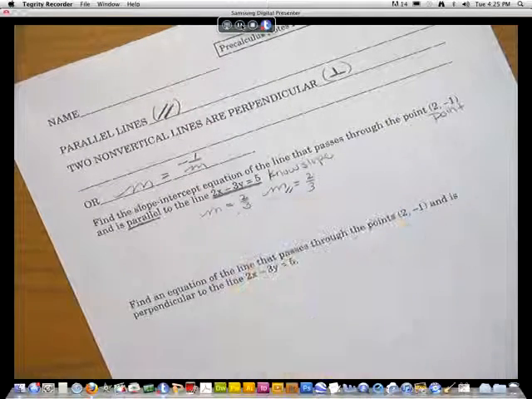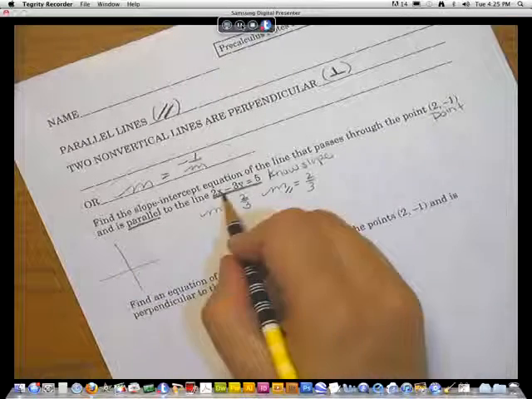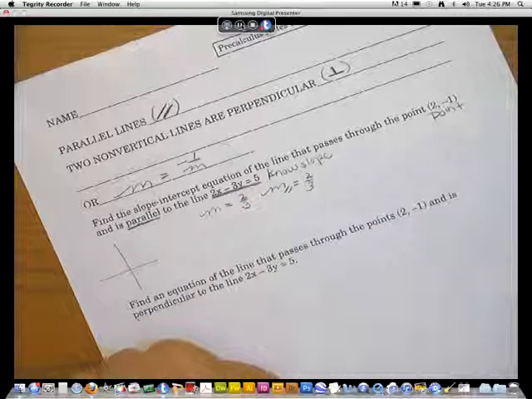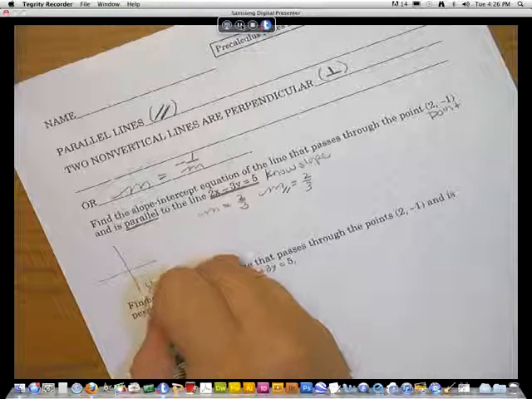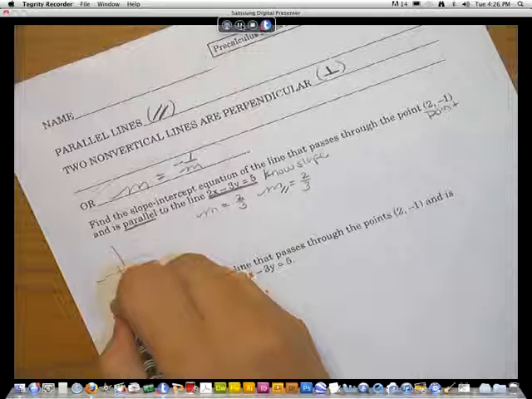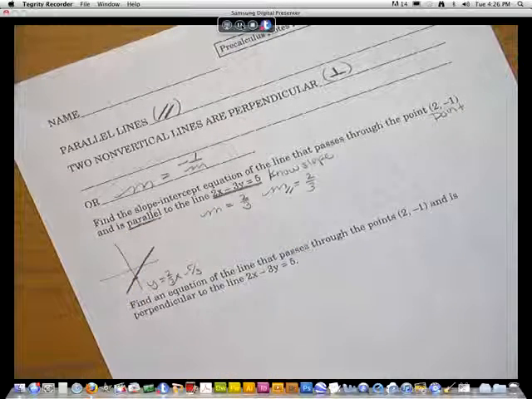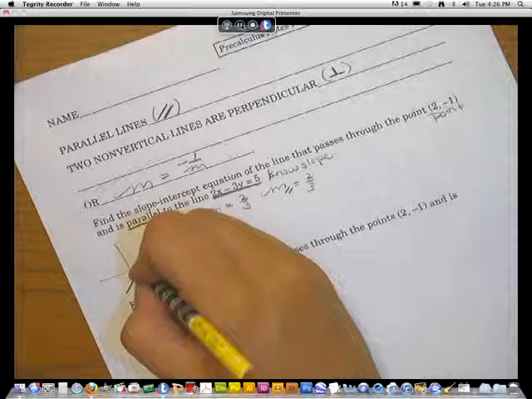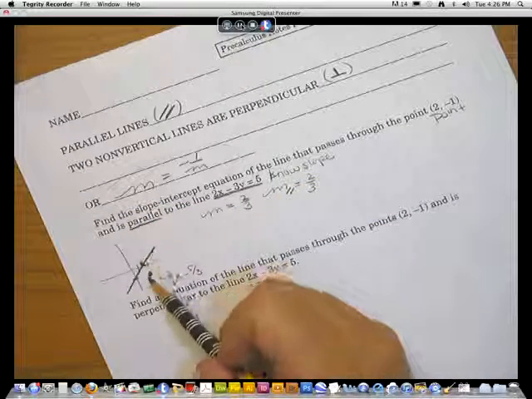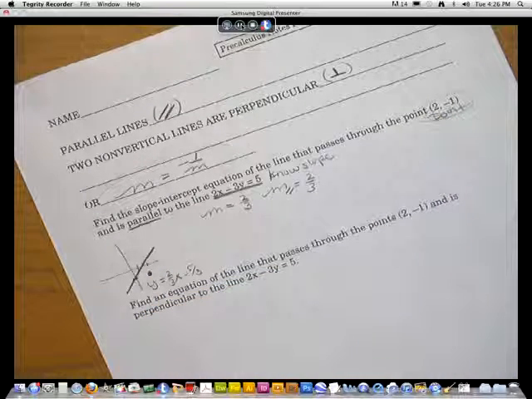Let's look at this by a picture. What this is really saying is we have this line, 2x minus 3y equals 5, which if you were to solve for y, we get y equals 2/3 x minus 5/3. So we have this line that looks something like this. And we want the line that's parallel to it, but it goes through (2, -1).